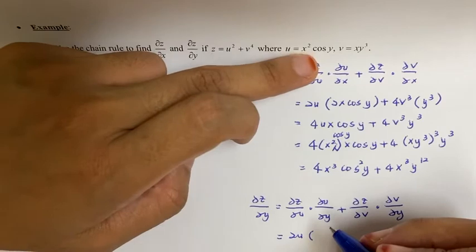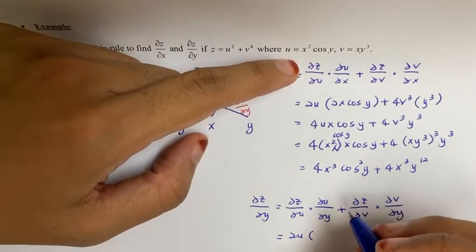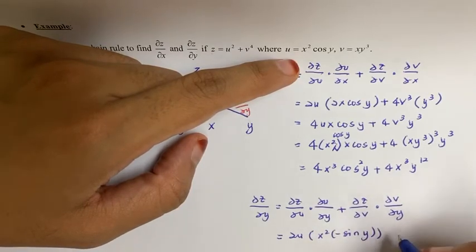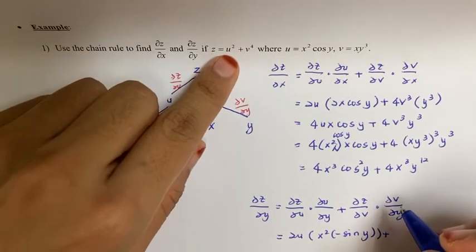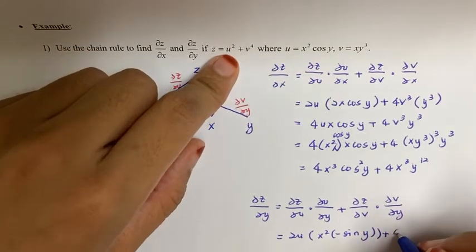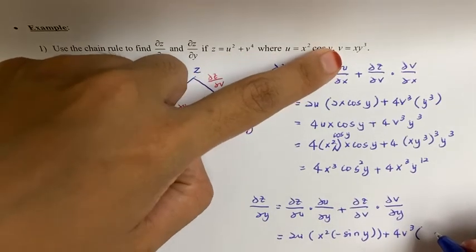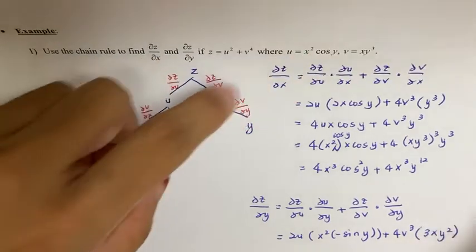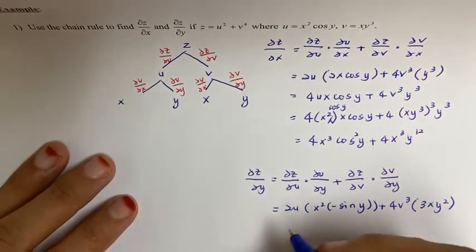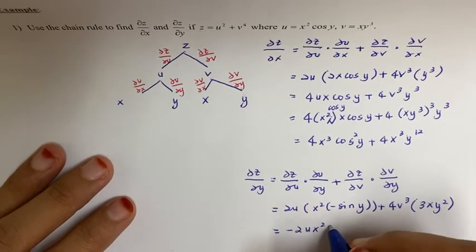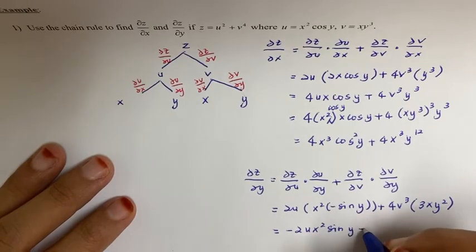Differentiate cos y, you have minus sin y, so this is x squared times minus sin y. Plus del z over del v is 4v cubed multiplied by 3xy squared.